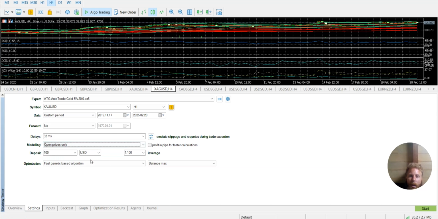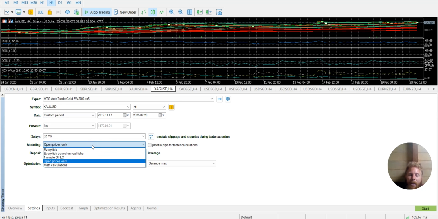And after that, when you got a good parameter set, run the test with every tick data, of course, high quality tick data. But for the optimization period, to make it faster and more affordable, you should absolutely code your EAs in a way to be able to test them with open prices only, like optimize them.